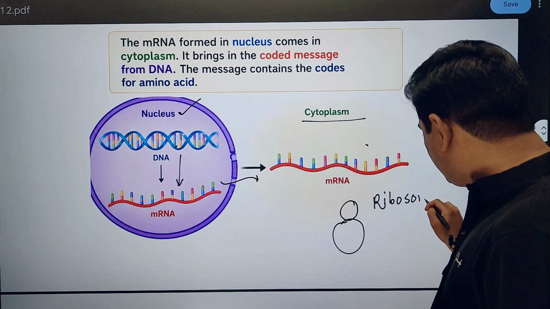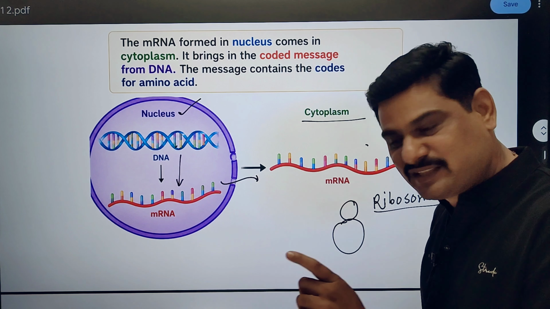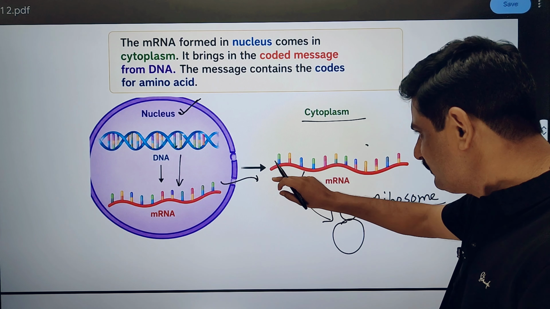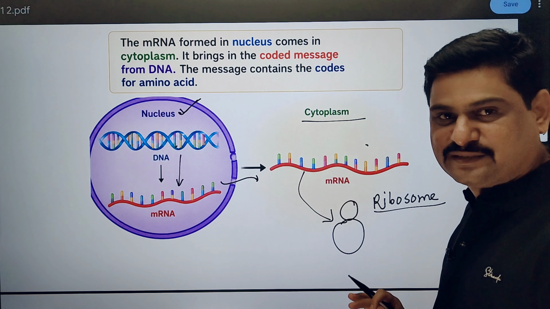Because our ultimate product, protein, is made by the ribosome. So this mRNA will come here to meet the ribosome. Making mRNA from DNA happens in the nucleus. Once your mRNA is ready, it will bring the message in coded form to the ribosome in the cytoplasm.